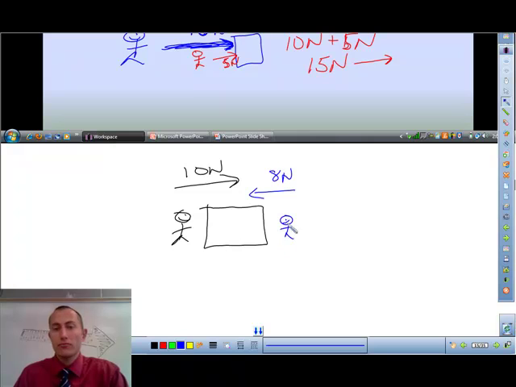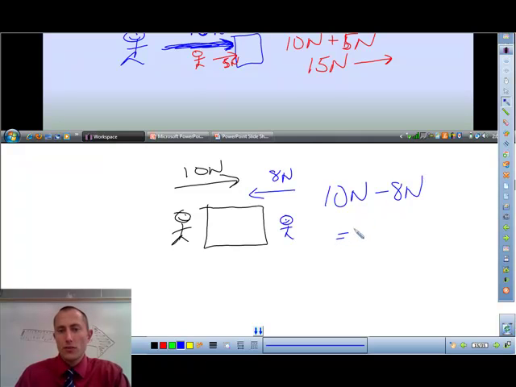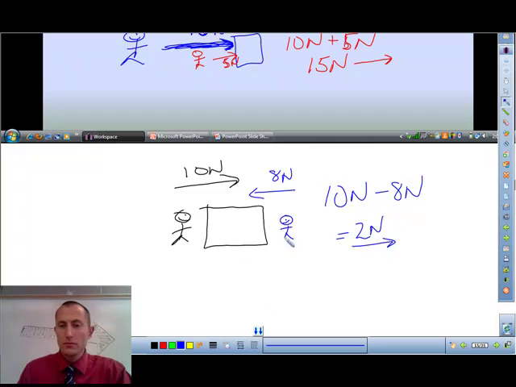So now they're in opposite directions. We're actually going to take the difference. So it's going to be 10 newtons minus 8 newtons. And so our net force is going to be 2 newtons in the direction of the larger force, which in this case is to the right.